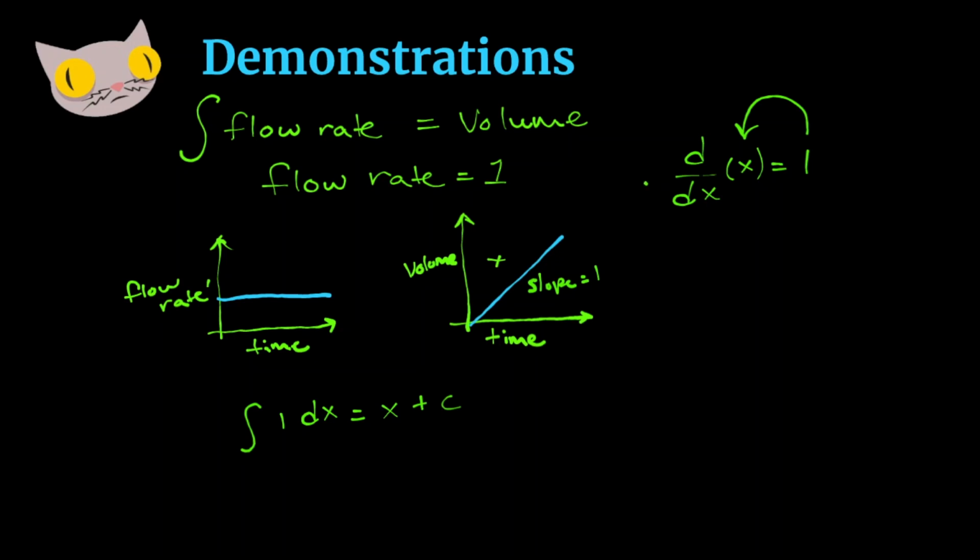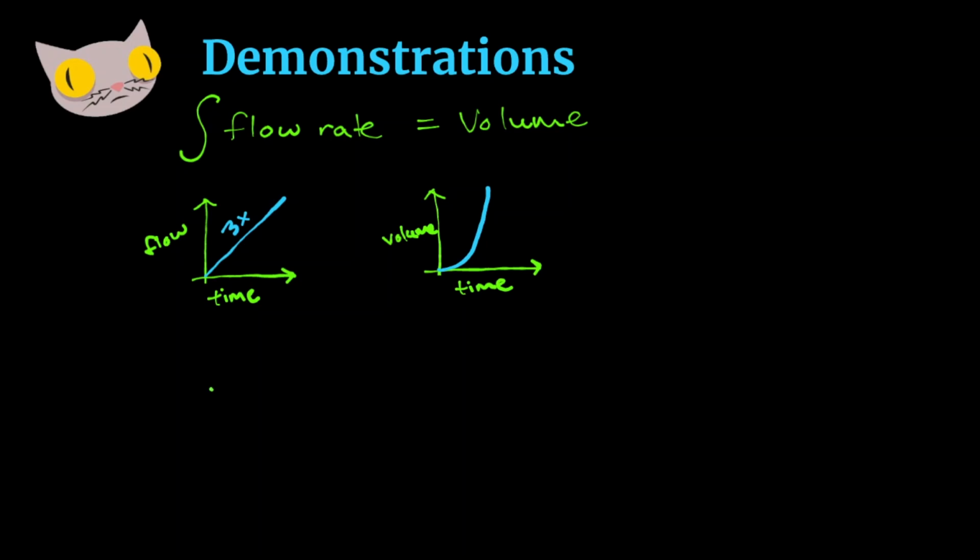But what if our flow rate is increasing? What if it's not constant? So here are the graphs illustrating a non-constant flow rate. So our flow rate is 3x. That's the equation that describes it. In order to find the volume, we need to integrate 3x with respect to time, or x in our case.